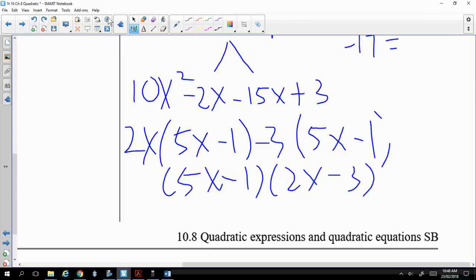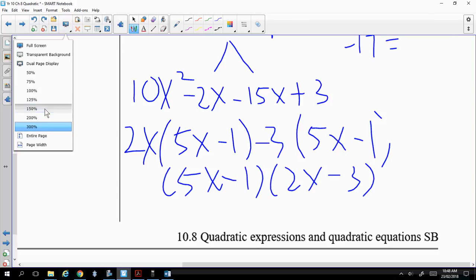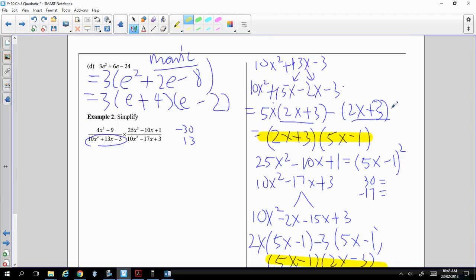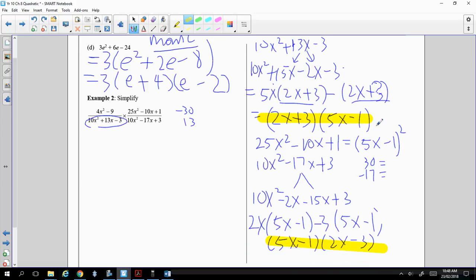Yep, I think it's 1. So I'm going to highlight it so you can see that I'm going to use this. Okay, all three. I'm going to copy it over there. So you end up getting, the top one is a difference of 2 squares, so you get 2x minus 3, 2x plus 3.